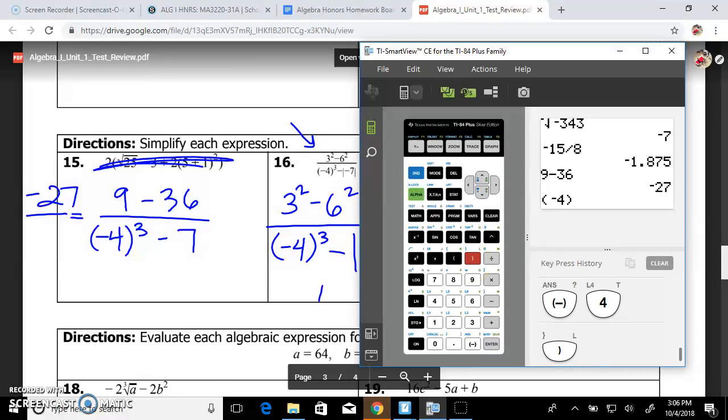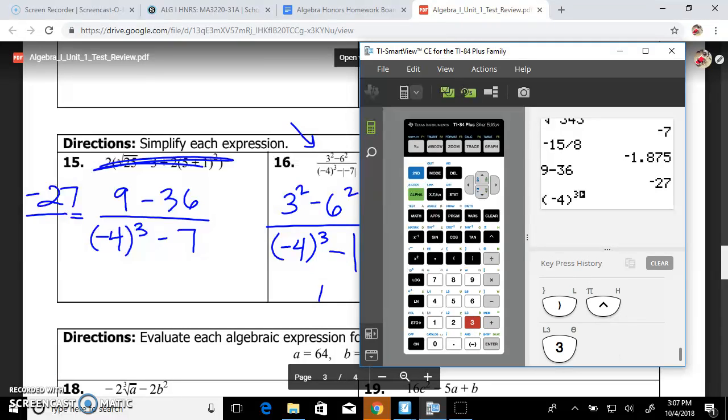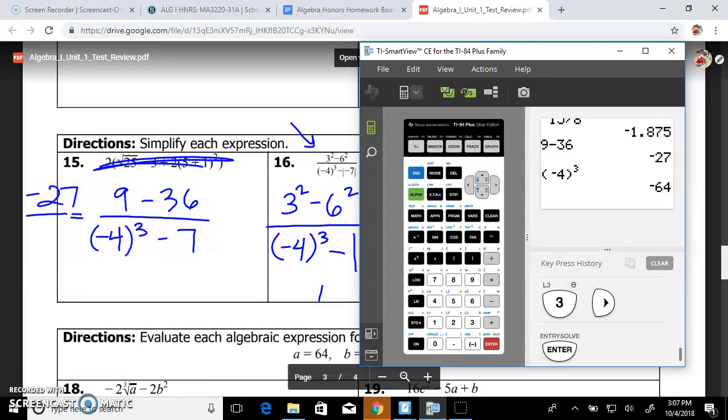And to make something cubed, I hit the caret and hit 3. If I want to go back down, I just hit the right arrow. Let's hit enter, and we get negative 64 minus 7. We can simplify negative 64 minus 7, and that should give me negative 71.